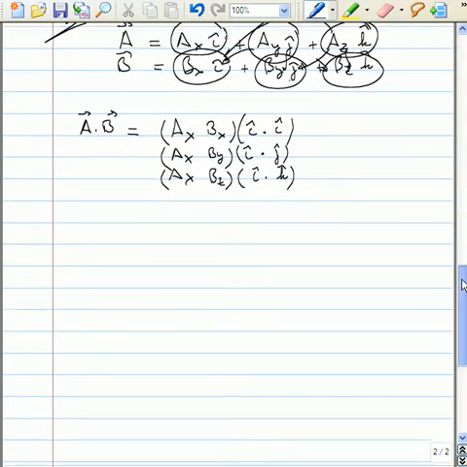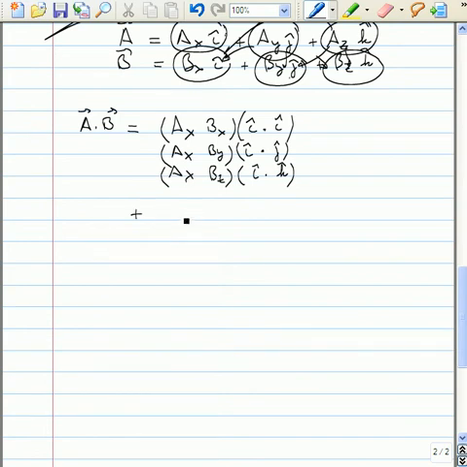Then let's jump to the second term. AY times BX, j dot i. But we've just seen that vectors commute under the dot product, so A dot B is the same as B dot A, so whether you write j dot i or i dot j shouldn't matter.